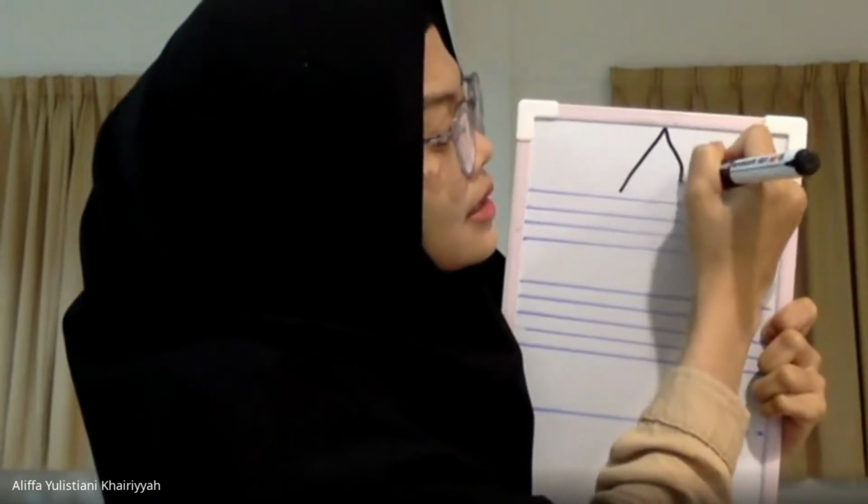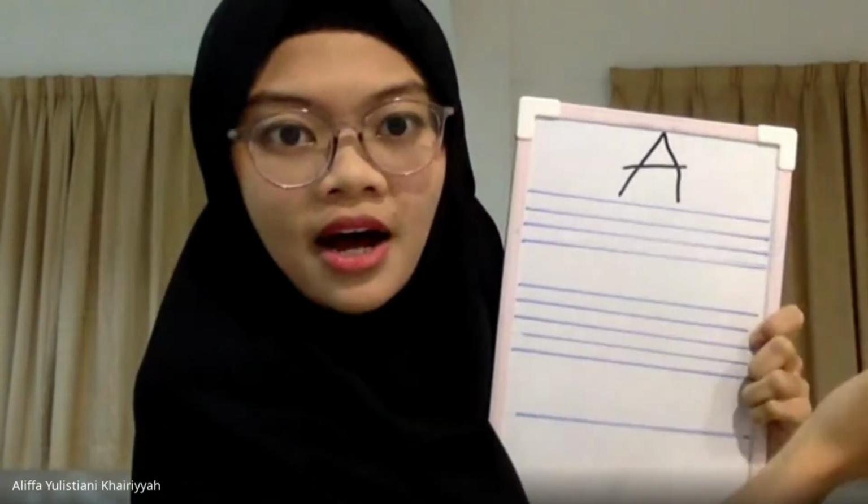True, yes, A. So I have my whiteboard here that has line. You have learned with your teacher how to write A. Yes, very good. It's make a line like this. Wow.